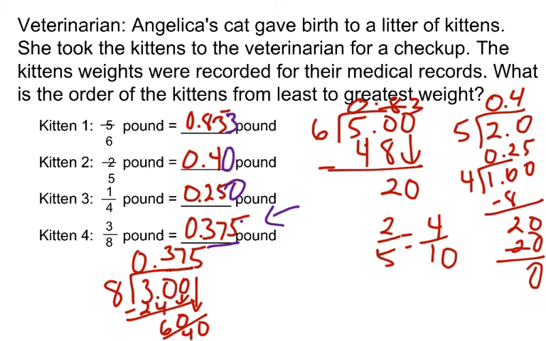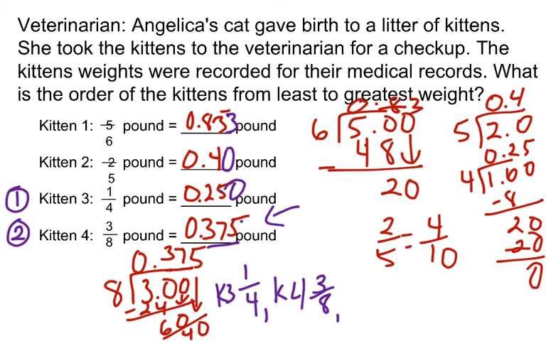So I can see, well, my pounds from least to greatest is 1/4. So we have kitten 3. And I'm just going to put a symbol there. Then we have kitten 4, which is 3/8.